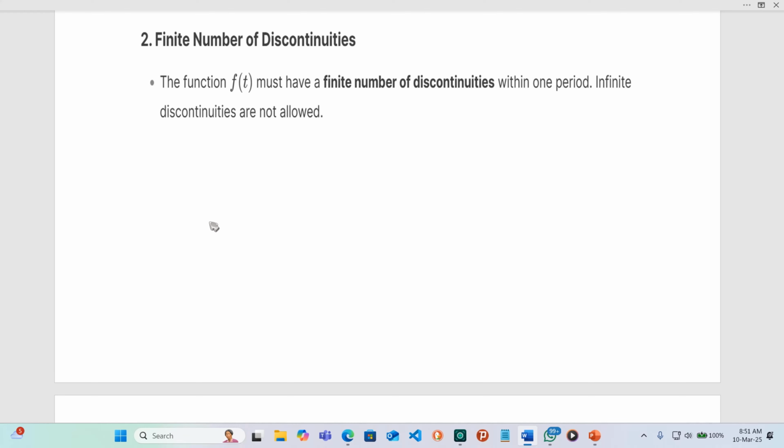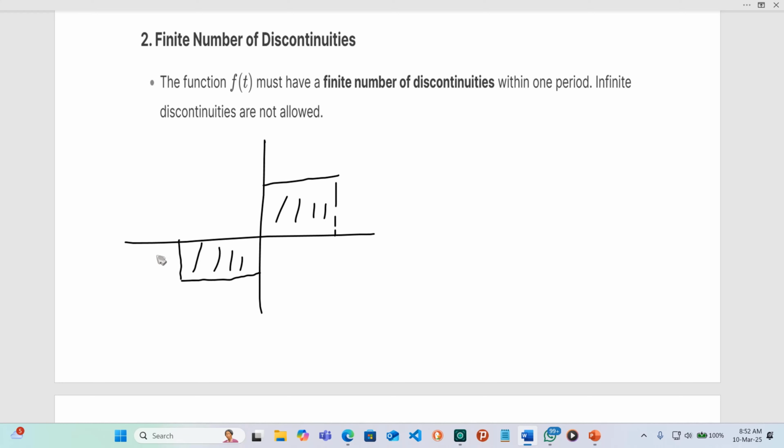Number two is that there should be a finite number of discontinuities. So the function f of t must have a finite number of discontinuities within one period. Infinite discontinuities are not allowed. So take an example. If you have, for example, a square wave, you can have a function defined by this.